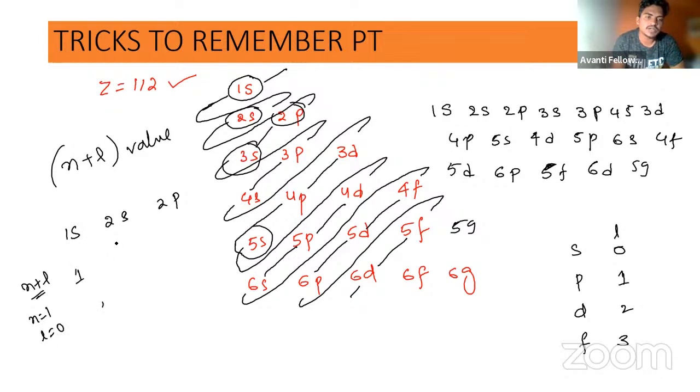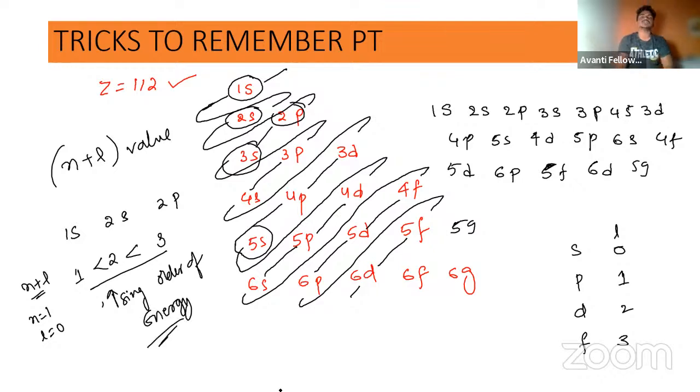And next, this will become what? 2, and this will become 3. So you can also see that filling of electrons is taking place in the increasing order of energy. Increasing order of what? Increasing order of energy. We need to fill the electrons.